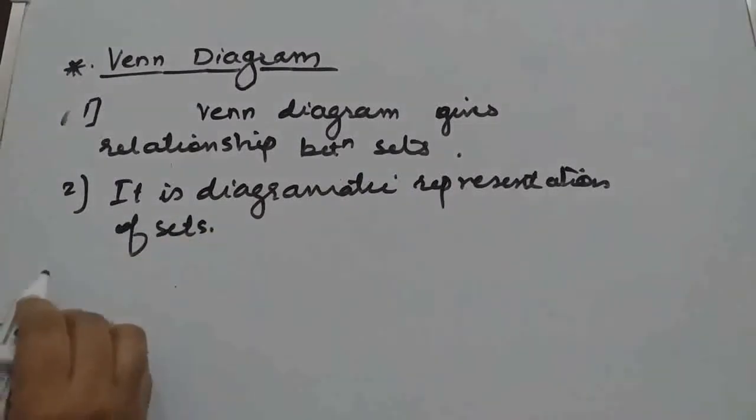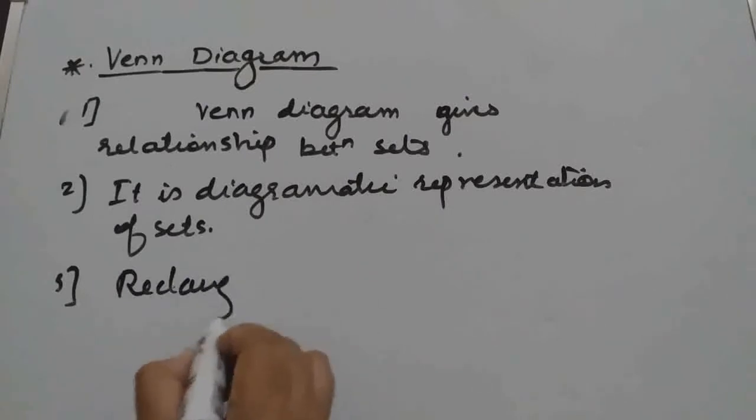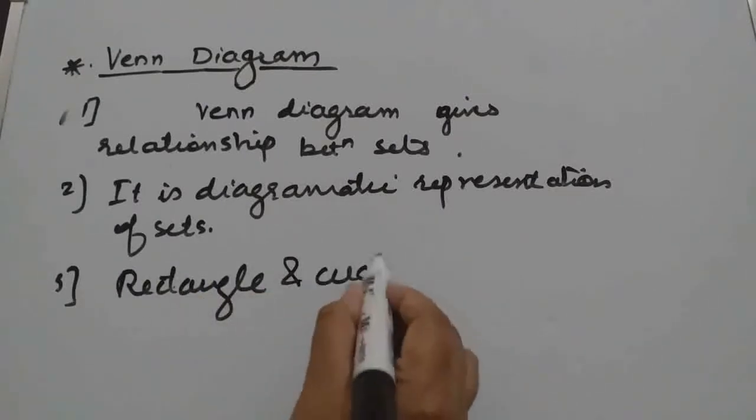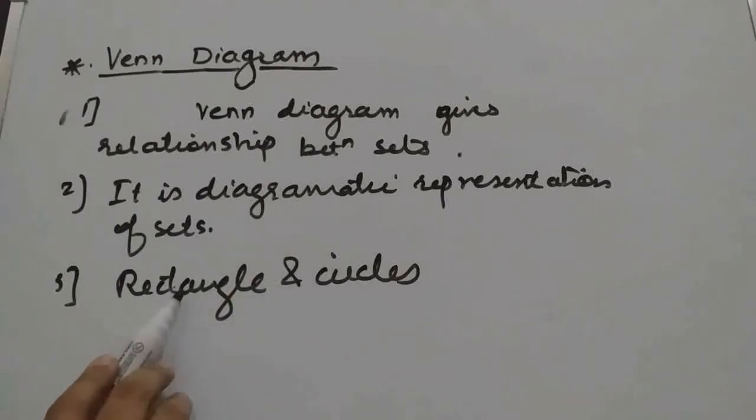Usually it consists of rectangles and circles, where circles are denoted as subsets of the rectangle.